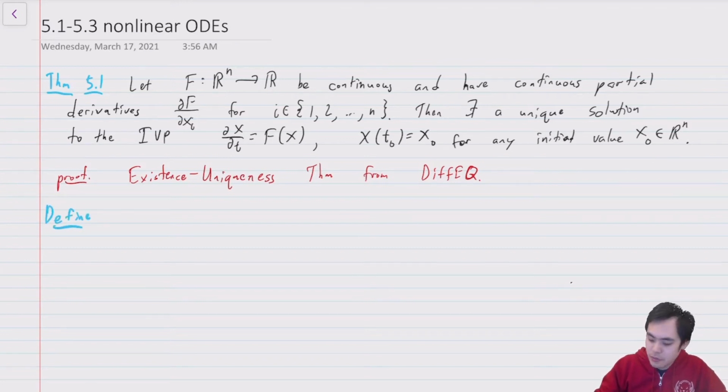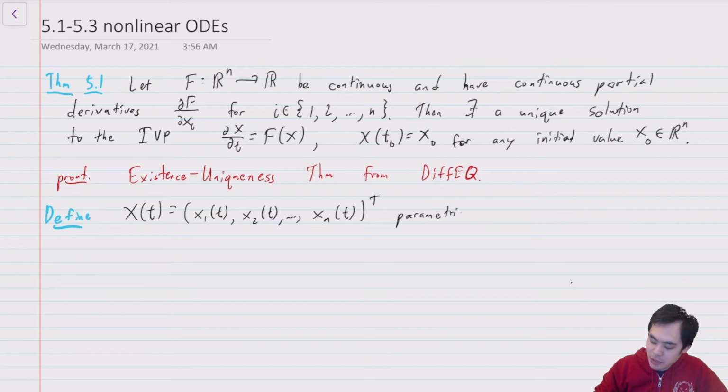Now let's define a couple of terms that we'll be using. A solution x of t you can also think of as x1 of t, x2 of t, etc., through xn of t for each of the different coordinates. This thing parametrically describes a curve in R^n called the trajectory.